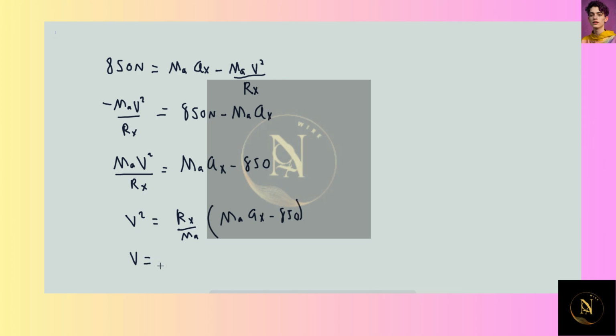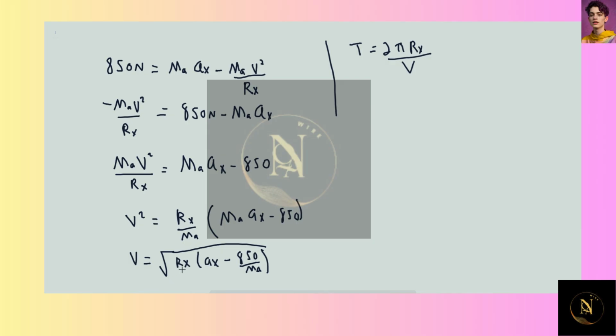So square root, and we can simplify things a little bit, and we should end up with the square root of r_x times a_x minus 850 over m_a, the mass of the astronaut. Once we have this velocity, we can just say that the period should be 2 pi r_x divided by the velocity. So let's start trying to deal with these terms.